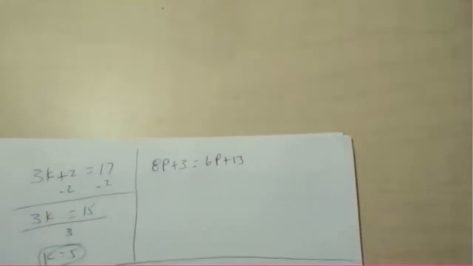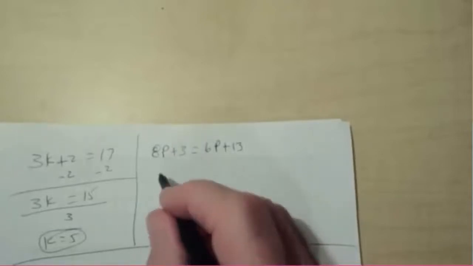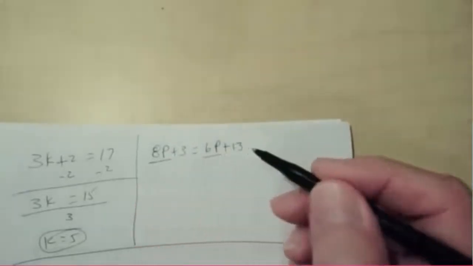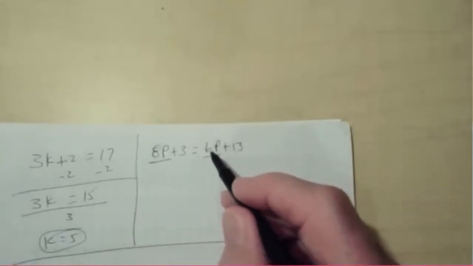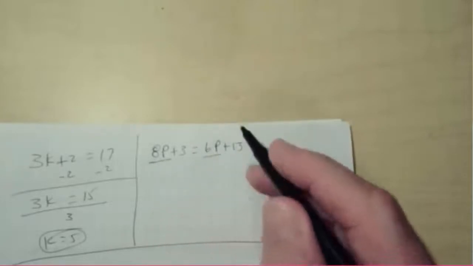Now what we want to do is we want to move the variables first. You really don't have to do this, but it's going to make it easier if you do. Otherwise, you're going to end up with some horrible negative numbers. Think about these like a load of bricks. Which one would you rather carry, 6 or 8? Let's carry the smallest number.